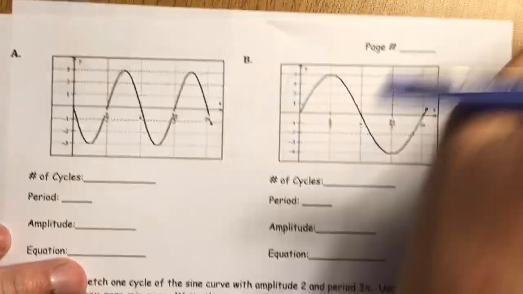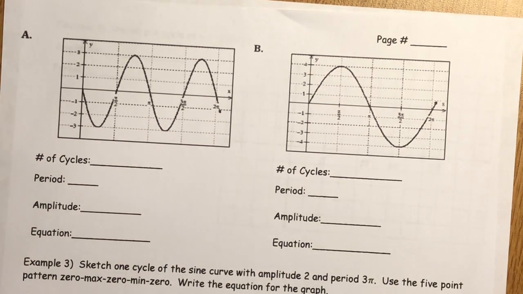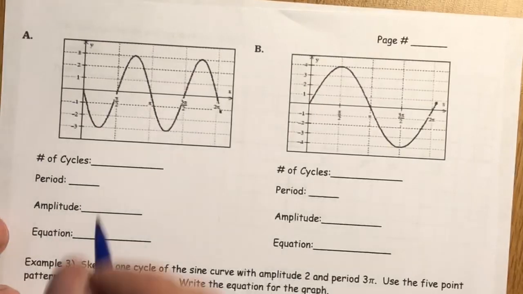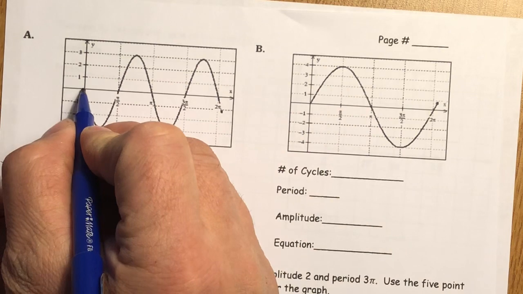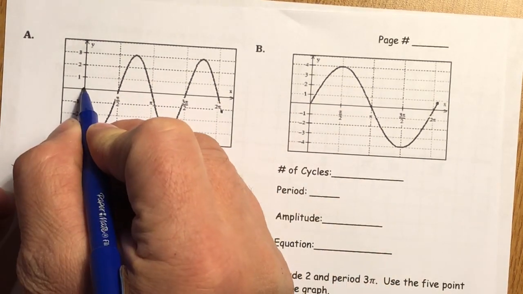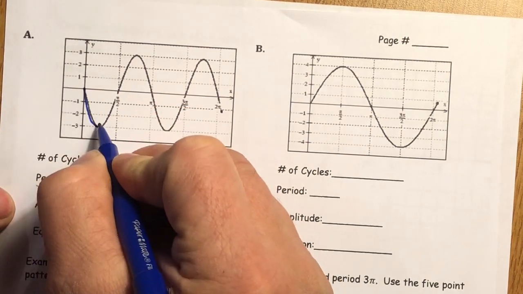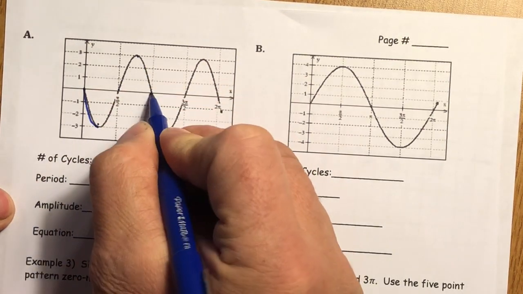All right. Next page. Next example, let's look at A here, guys. So once again, we're starting at 0. We're going all the way to 2 pi. Notice how it's going in a downward direction. So now we have a 0, min, 0, max, 0.